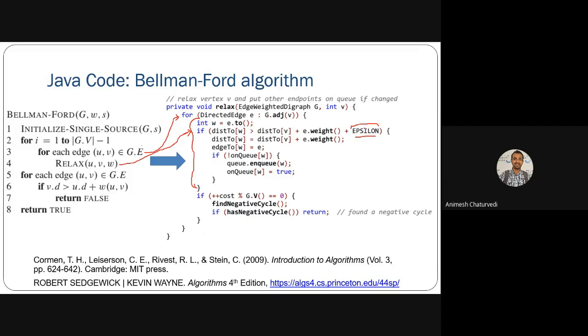So you don't ignore this epsilon over here, and this is just for the removal of error when it's very small. Then this whole thing we had already studied. If this condition is true, then you have to replace and readjust the weight of reaching W, and you have to update the parent of that W as well.